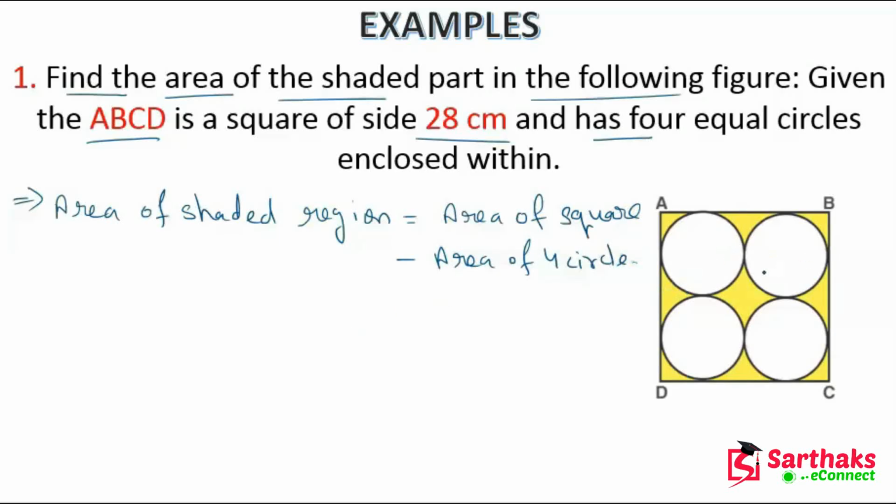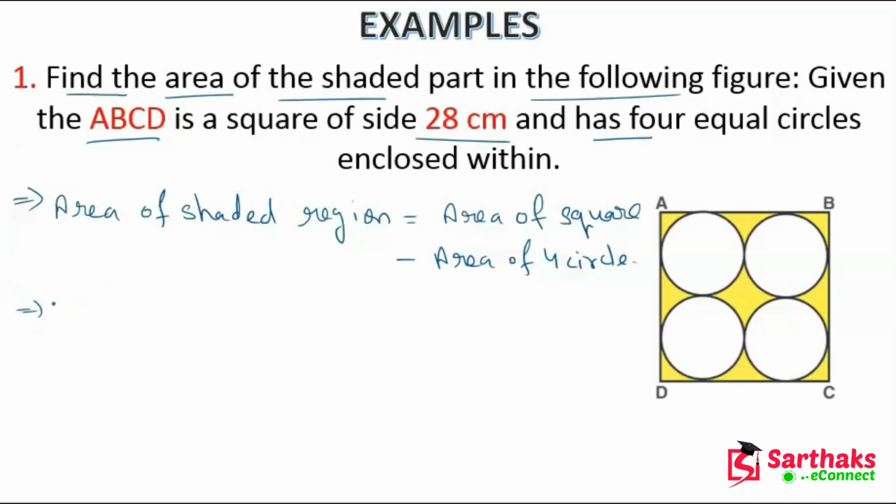If we subtract the area of 4 circles from the area of the square, then we get the area of the shaded portion. So now we have to find the area of square.